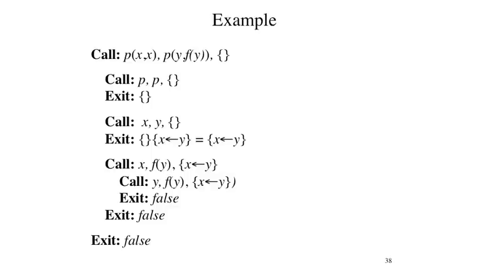We'd have to bind y to f of y. But now remember back to the condition that I mentioned on variable assignments. We must not ever bind a variable to a term which contains itself. Since f of y contains y, the unification process in this case fails, and the unification process as a whole fails.